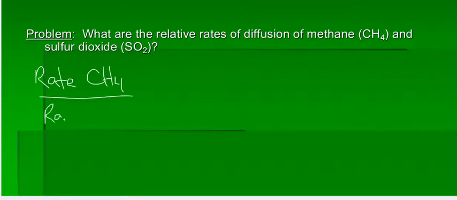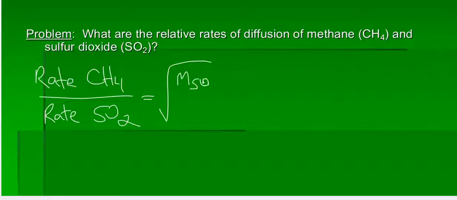So this first problem here says, what are the relative rates of diffusion of methane and sulfur dioxide? Since methane is listed first, I will put that in the numerator. That's gas A. Sulfur dioxide would be gas B. I want to know the relative rates of diffusion. So we're going to put the molar mass of SO2 up here.